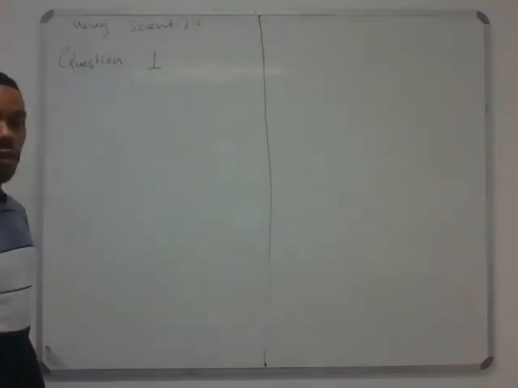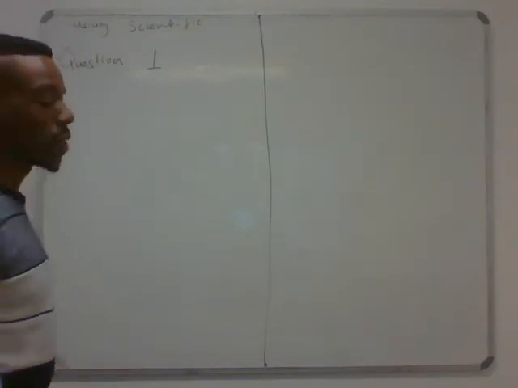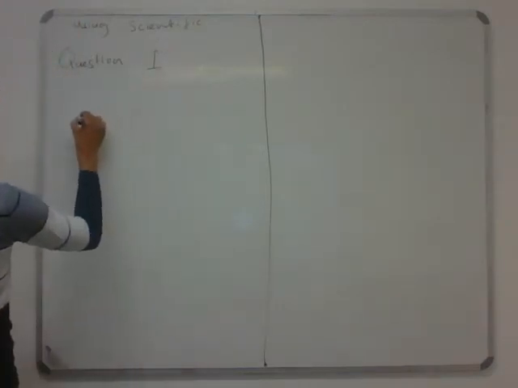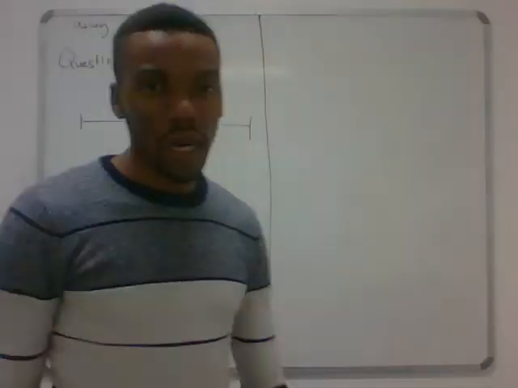On the other page, I've divided this page into two; the other half we're going to use a financial calculator. So for question 1, we're going to draw a timeline diagram as usual. Let's read through to extract the dates.